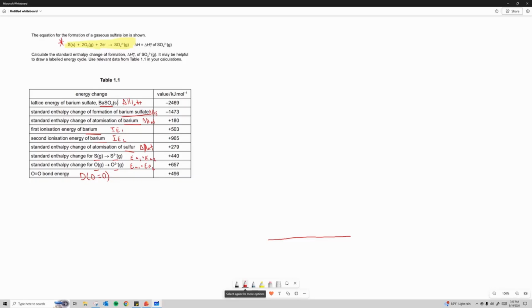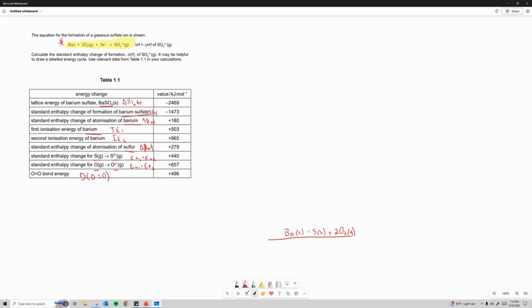The elements that make up barium sulfate are barium, Ba, solid, 1 barium, 1 sulfur, so plus S, solid, plus oxygen. But I need 4 oxygens. The elemental form of oxygen is O2 gas, but because I need 4 oxygens in barium sulfate, I'm going to say 2 O2 gas. So those are my elements in their elemental form.